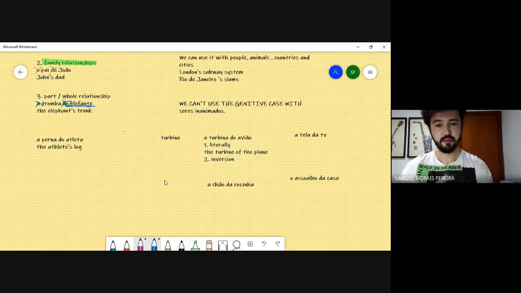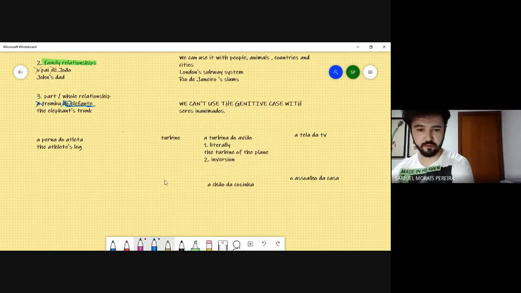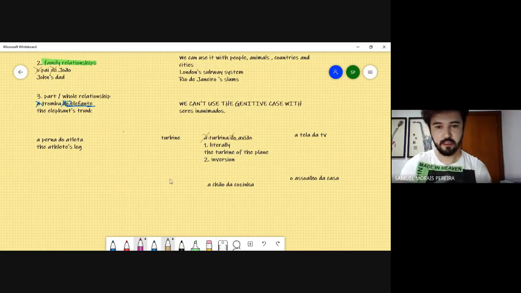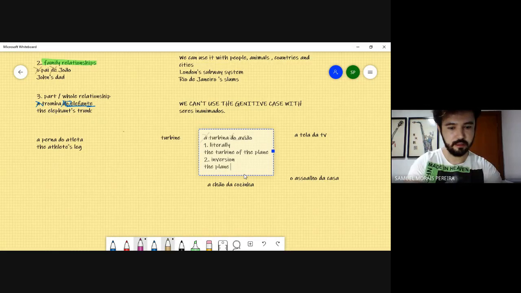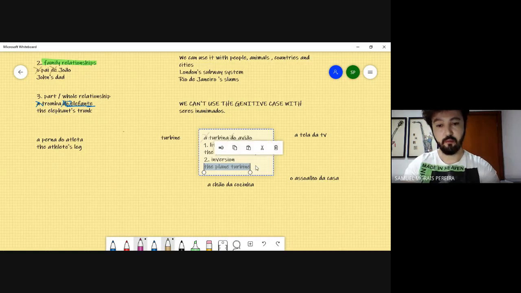Olha só. Se eu fosse usar o caso genitivo, o que eu faria? Ó, eu corto o artigo e a preposição de, se ou tá sobrando, né? So I say, the plane turbine. The plane turbine. Vejam, eu inverti a posição das palavras, but I didn't use the apostrophe and the s, okay? This is called inversion. E isso explica porque que in English many expressions are inverted, okay?